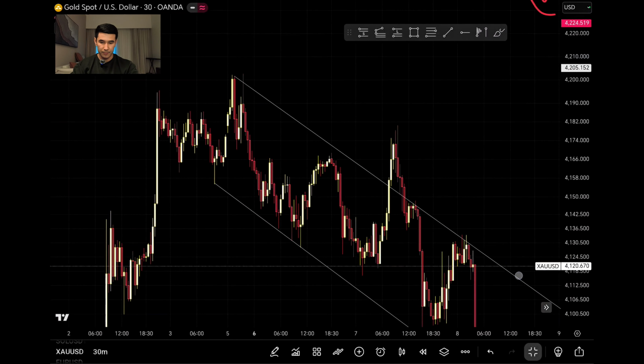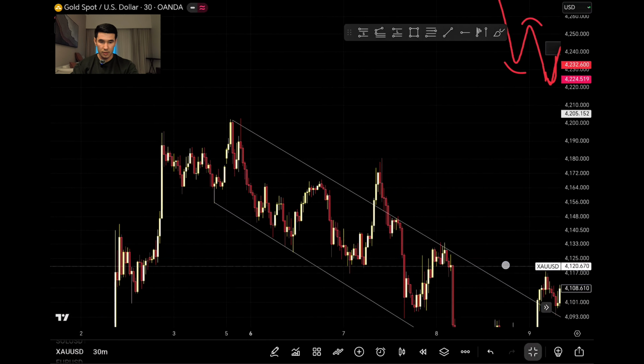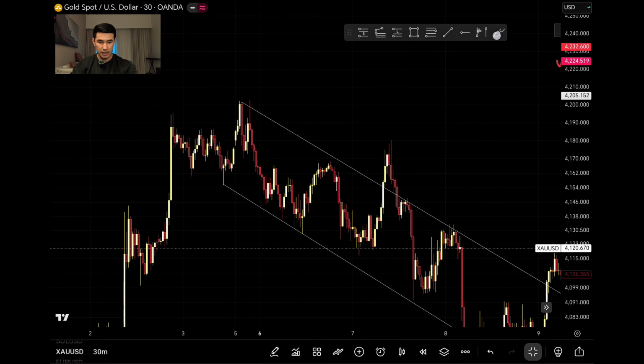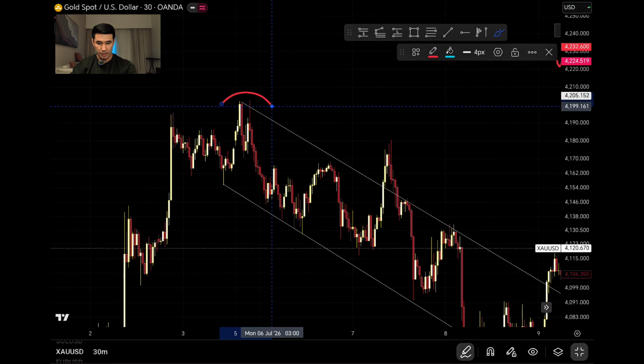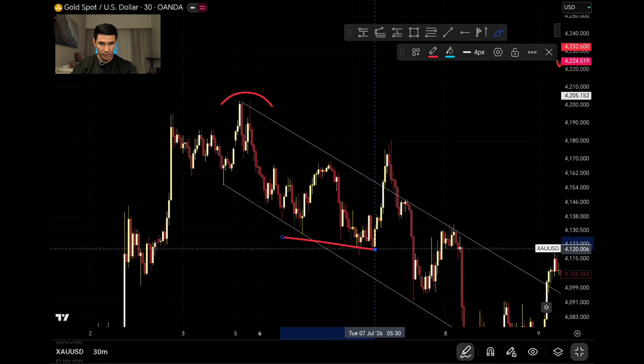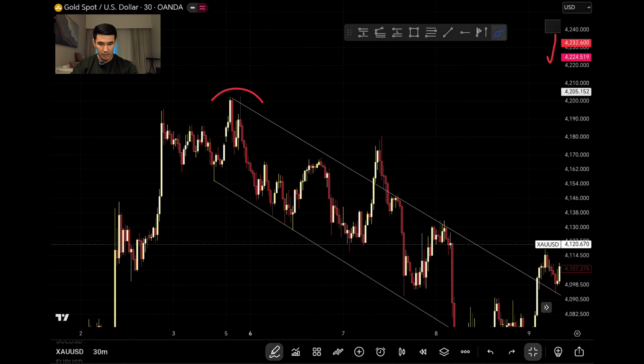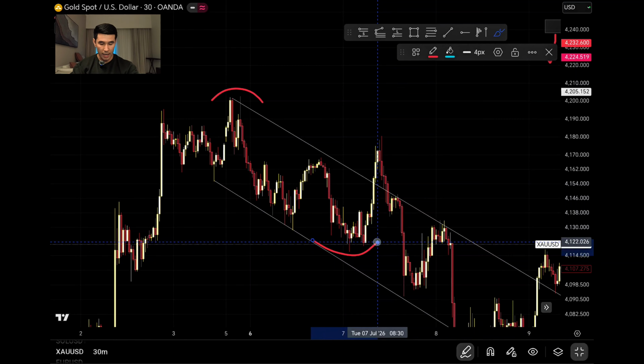For example, let me delete them, otherwise it will show. So this is our higher high, and this zone is the same, so we're going to take one of them. This one is our lower high, lower low.